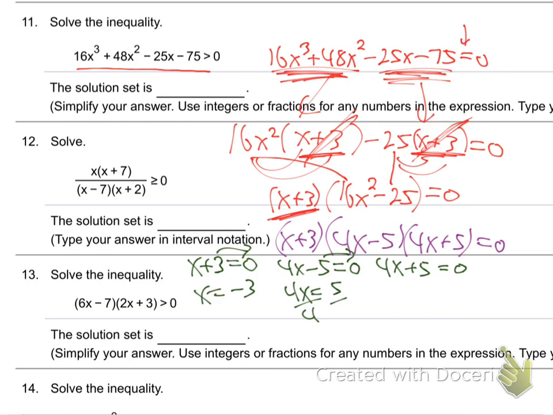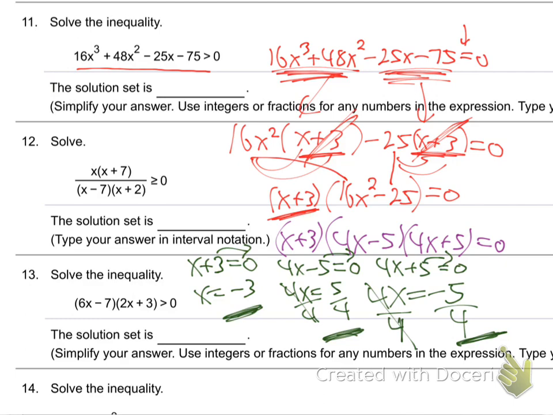Divide by that 4. 4x is -5. Divide by the 4. Boom. There's our 3 answers. -3, 5/4, and -5/4.